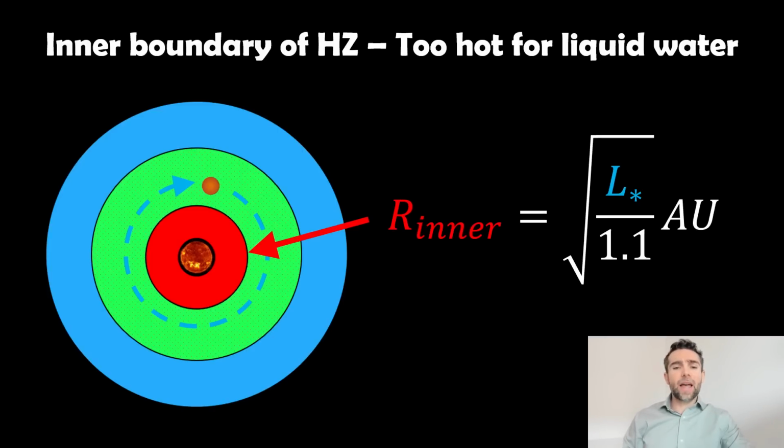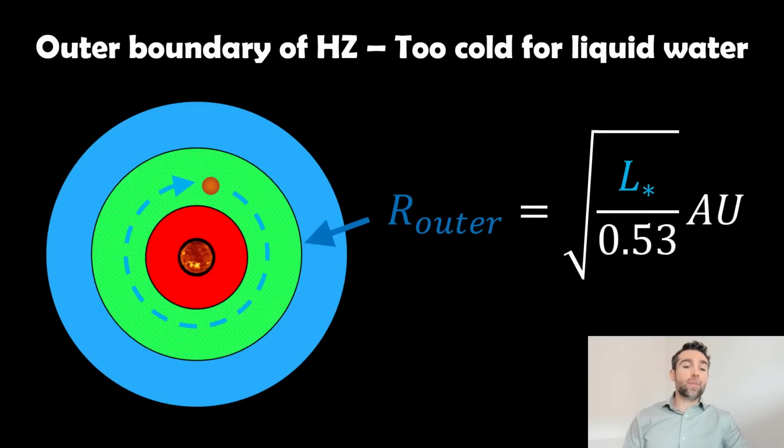So we can get the inner edge of the habitable zone in astronomical units using this equation if we know the luminosity of the star in solar units. So let's say it was twice, we'd put 2 divided by 1.1, square root it, and that would give our answer. And then we do something similar for the outer edge.